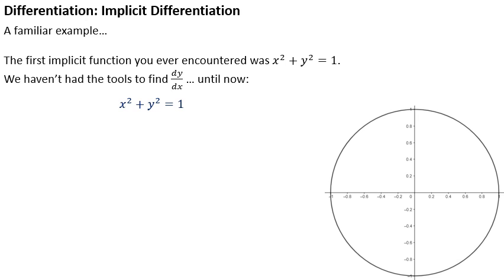X squared will differentiate to give 2x. Y squared differentiates to give 2y if we're differentiating with respect to y. So if we want to differentiate with respect to x, we get 2y, but then we multiply by dy by dx. And then 1, being a constant, differentiates to give 0.